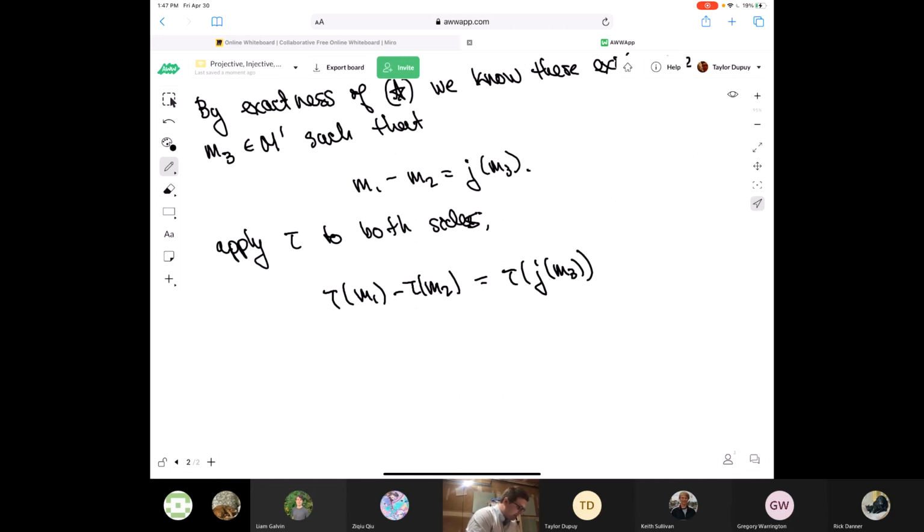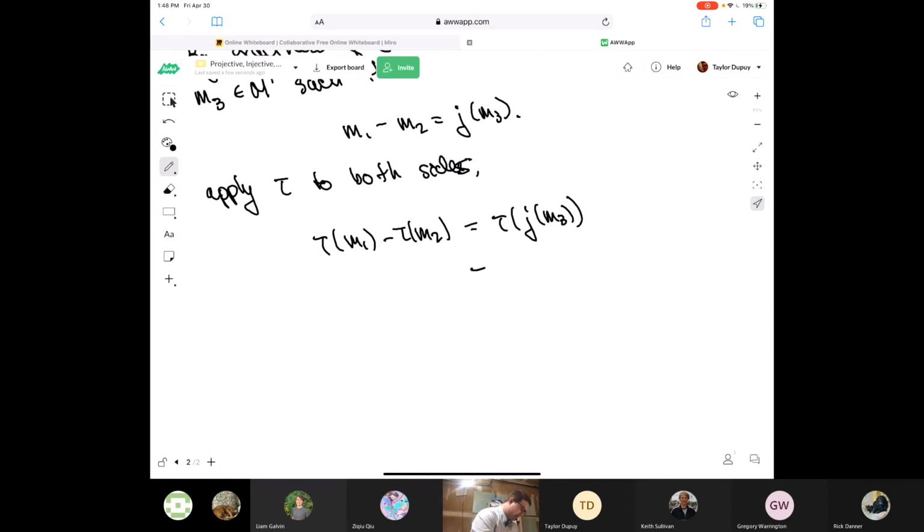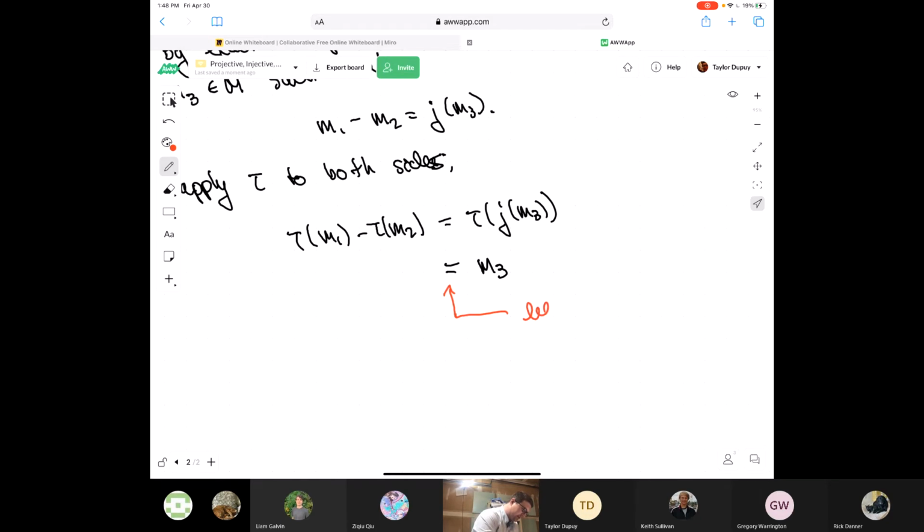Okay, if I didn't say that before, tau needs to be a map of modules. That's important. So this is tau of J of M3, and now we use the property that this is a section. So here we're using that this is M3. This uses the left splitting property.